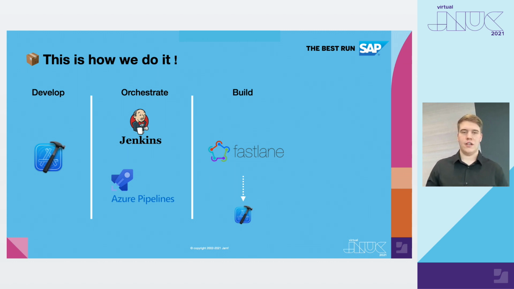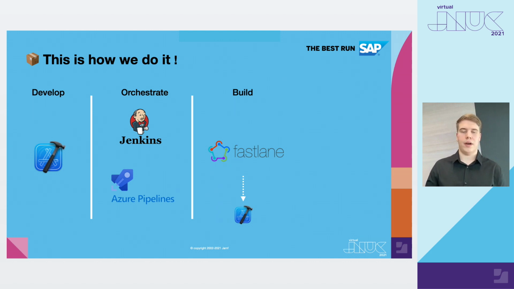But Fastlane is actually so huge and the community is so great that there are tons of plugins available. So you can use, for example, an automatic screenshot tool that goes through your application, makes a screenshot in different languages for different device types, and generates these images for you.